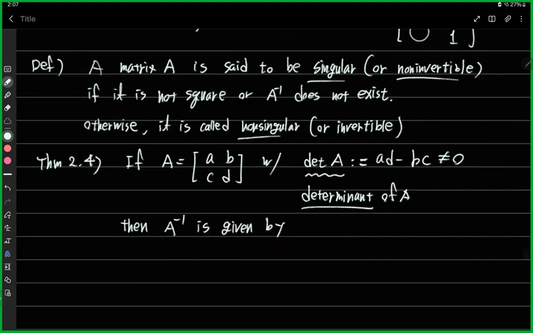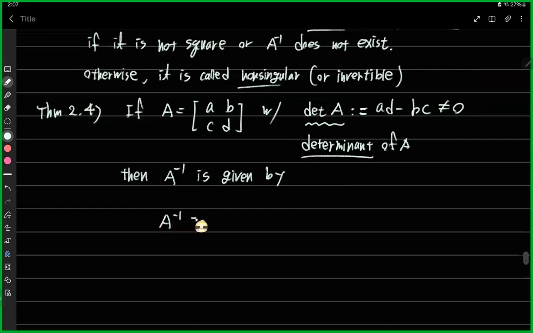A inverse is 1 over the determinant of A times a matrix where, listen carefully, we swap the diagonal entries A and D, so it's D and A, and we put a negative sign on the other entries: minus B and minus C. They already figured out that the inverse of a 2 by 2 matrix is like this.